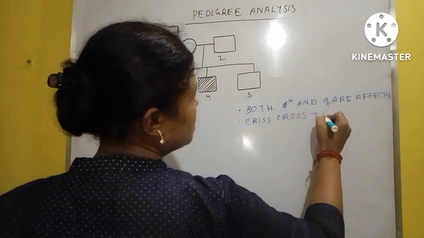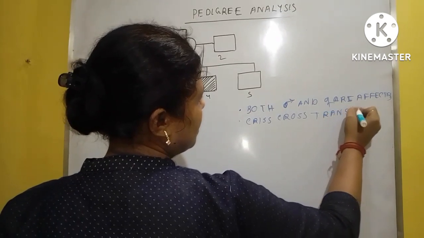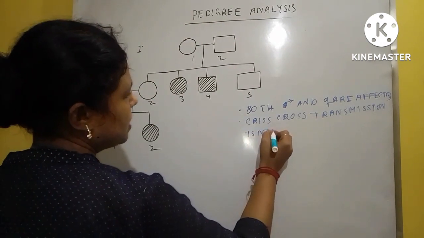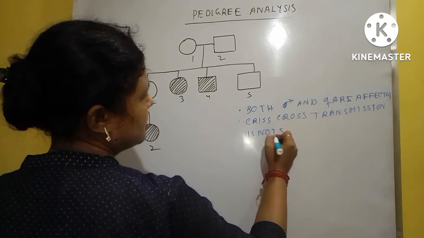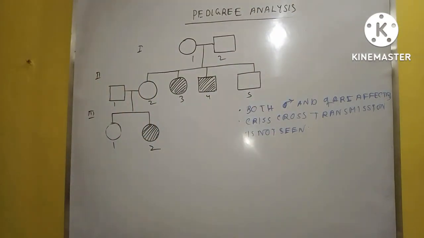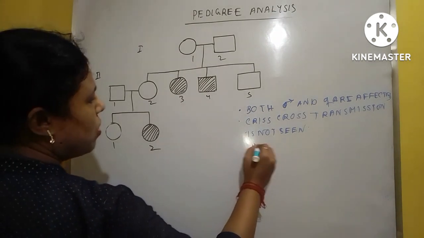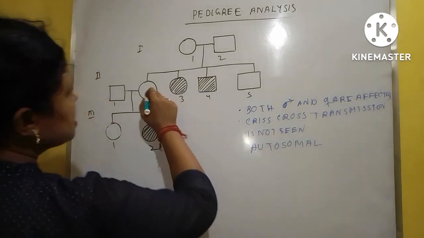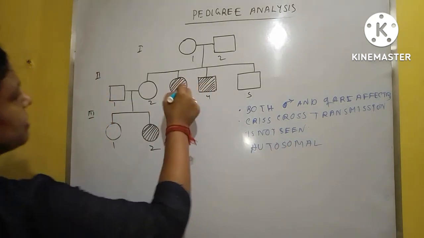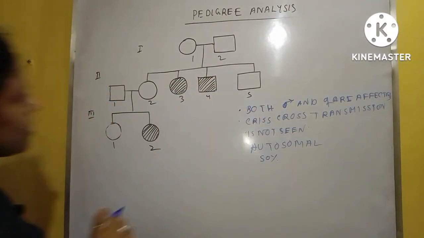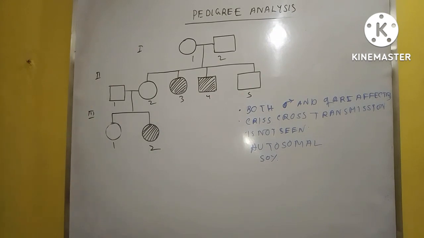So it is obviously autosomal. And you can see that 50% of the females, one female, and 50% of the males are affected, so 50% is calculated. So it is autosomal.